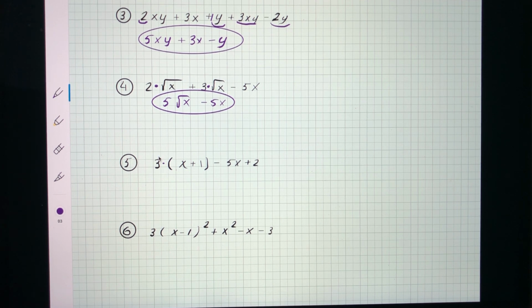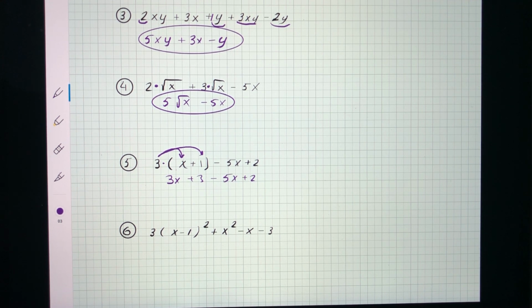Well, we multiply 3 times the first term, which is 3 times x makes 3x, and then 3 times 1 makes 3. The rest of the question is the same, so we can continue copying it over, making sure that the minus stays minus, and so that would be minus 5x plus 2.